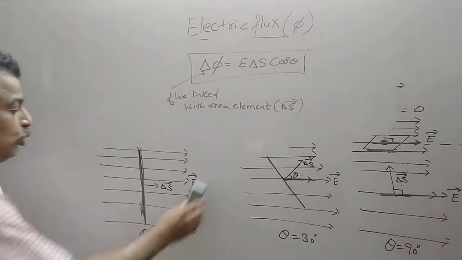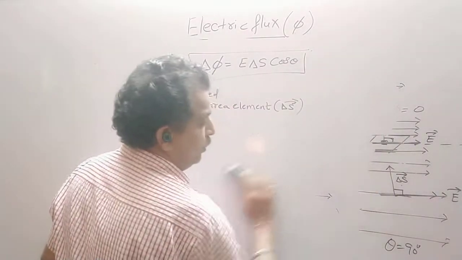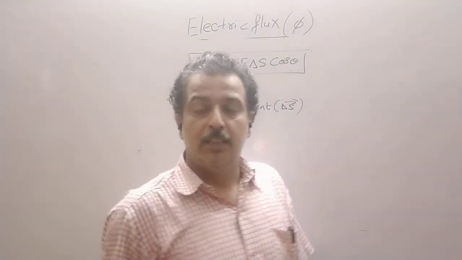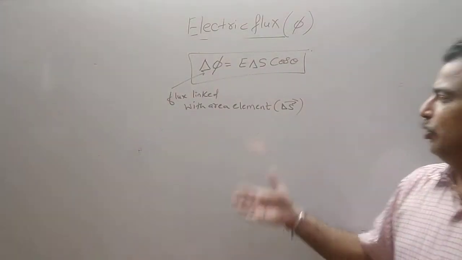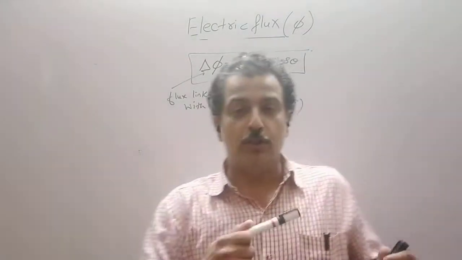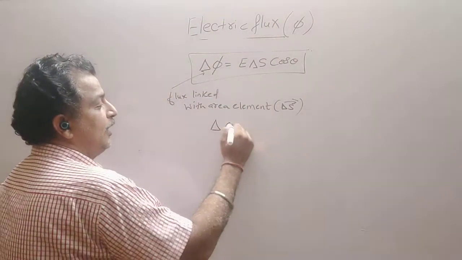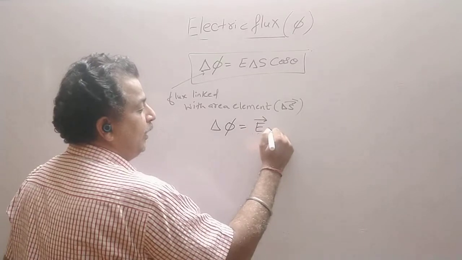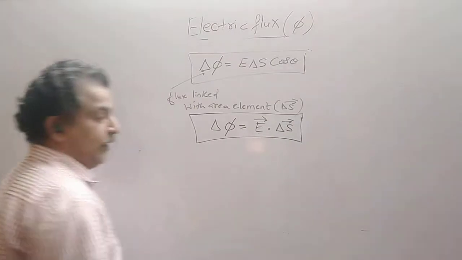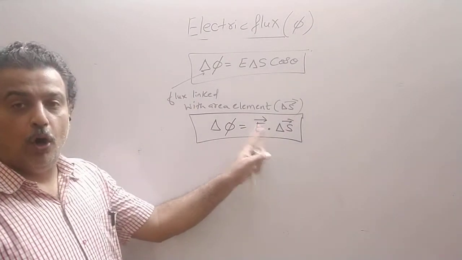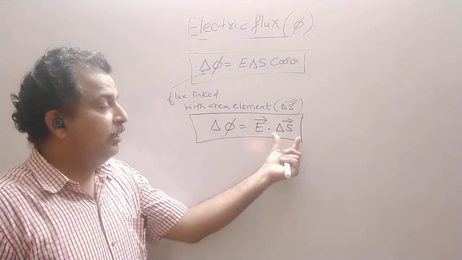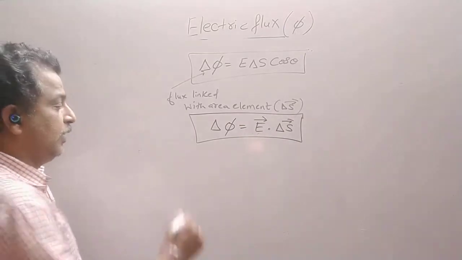If you want to find the total flux, you do the summation of all these small area elements, and if delta S tends to 0, then you do the integration of this equation. Now there is a cos theta, so more generally I can write delta phi is equal to E dot delta S vector. So electric flux is nothing but a dot product or scalar product of electric field intensity and the area vector.